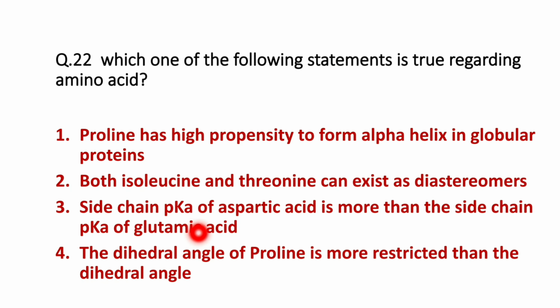Side chain pKa of aspartic acid is more than the side chain pKa of glutamic acid. The dihedral angle of proline is more restricted than the dihedral angle. The right answer is option 2, both isoleucine and threonine can exist as diastereoisomers.